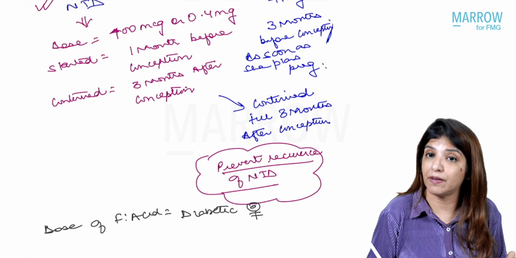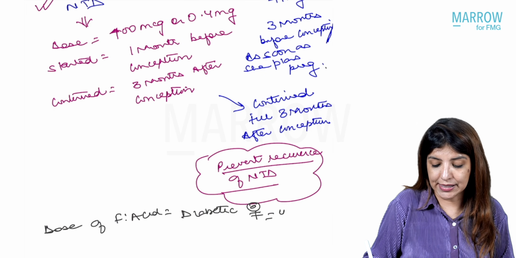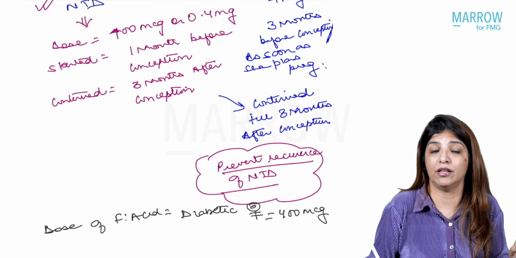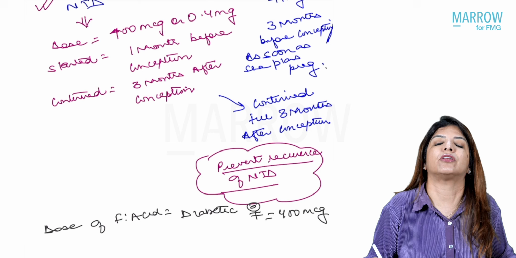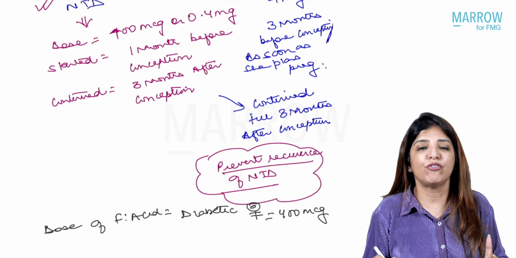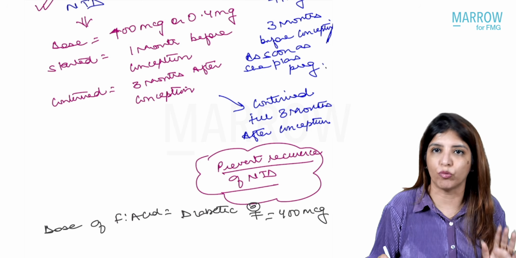But that is incorrect. In a diabetic pregnant female, the dose of folic acid is again 400 micrograms, unless and until your question says that the diabetic pregnant female has a previous history of neural tube defect. Obviously, if there is a previous history of neural tube defect, then the dose which you have to give is 4 milligrams.